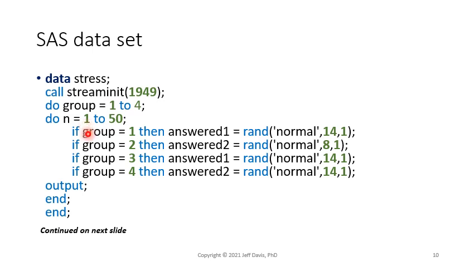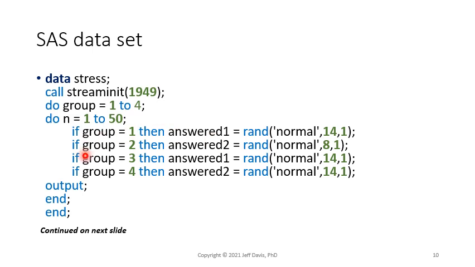Then we give it some more information here. We say if group equals 1, then answered 1 looks like this. It's going to have this distribution. Answered 1 is the number of questions the group answered at time 1.